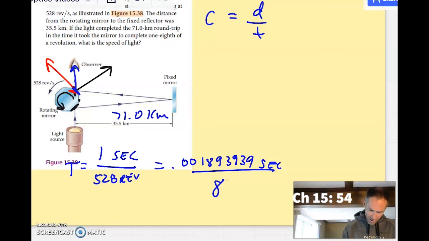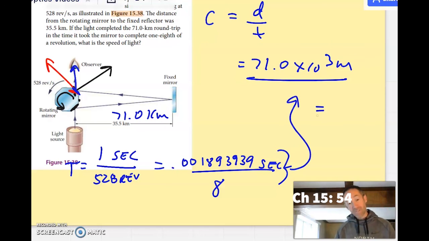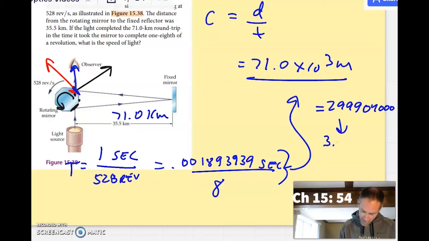So now all I have to do is take my 71 kilometers, or 71 times 10 to the third meters, and divide by an eighth of that time I originally calculated. When I go ahead and do that, guess what? 299,904,000 meters per second. Round that off, 3 times 10 to the 8th meters per second. But you knew that's what it would come out to.